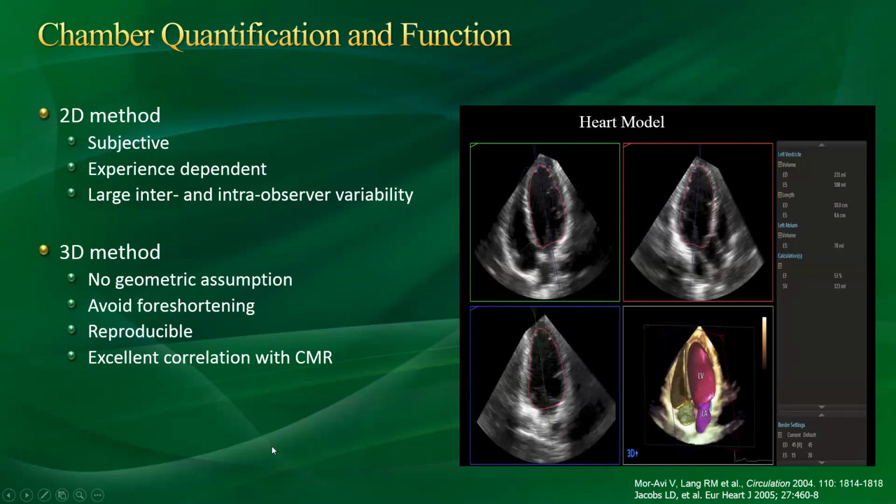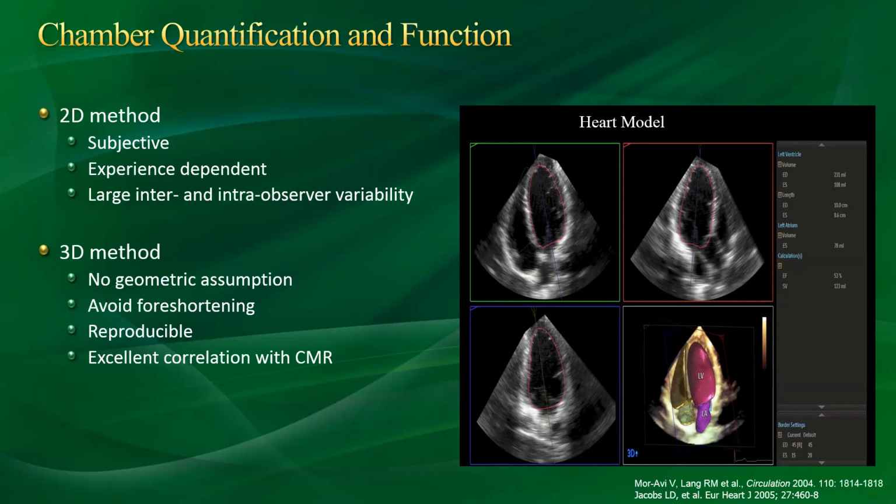Lately we have the heart model. Some vendors have created an automated 3D transthoracic echocardiogram of the left heart chambers, the LV and RA. They are working on the RV, but right now the commercial version is for the LV and RA. The concept is that we feed the computer a library of thousands of 3D data sets of different heart morphologies: banana shape, normal heart, dilated heart, sigmoid heart.